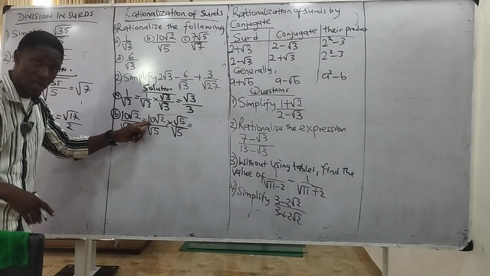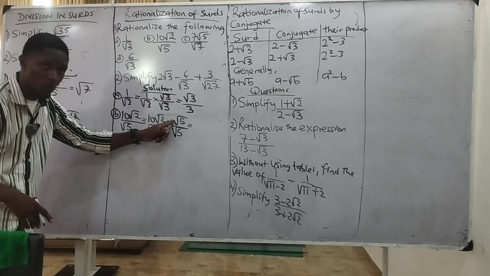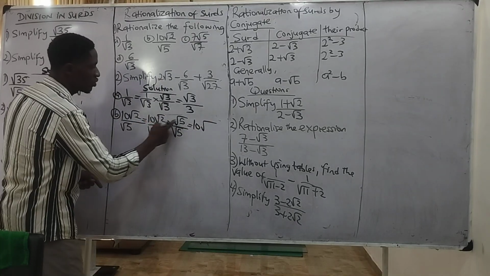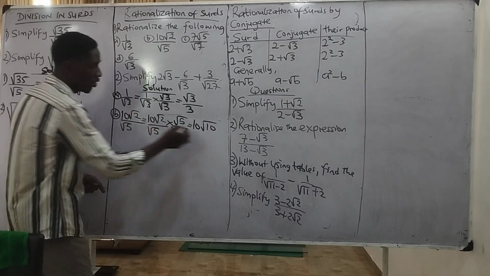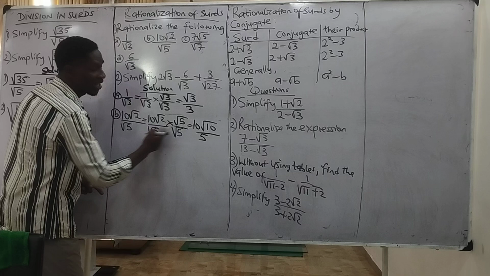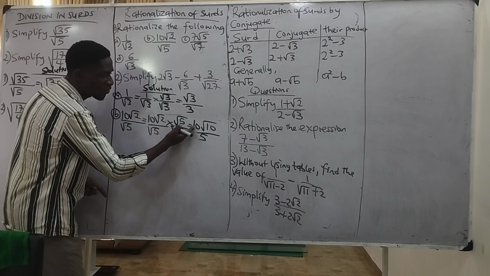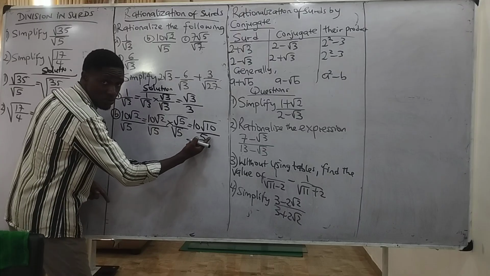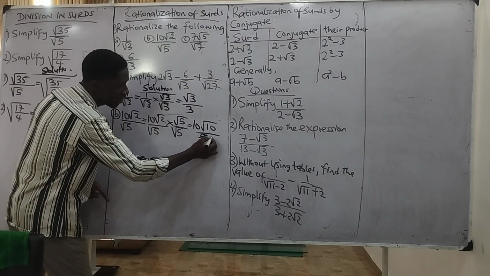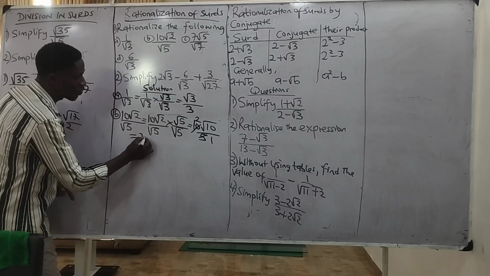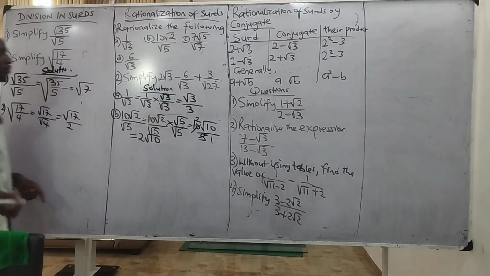We have 10 outside, and an invisible 1. 10 times 1 is 10, root 2 times 5 is root 10, all over root 5 times root 5, which is 5 because they are the same number inside. 5 can go into the 10 outside, not the 10 inside, because that one has a square root again. So 5 here is 1, 10 here is 2. So our answer is 2 root 10.